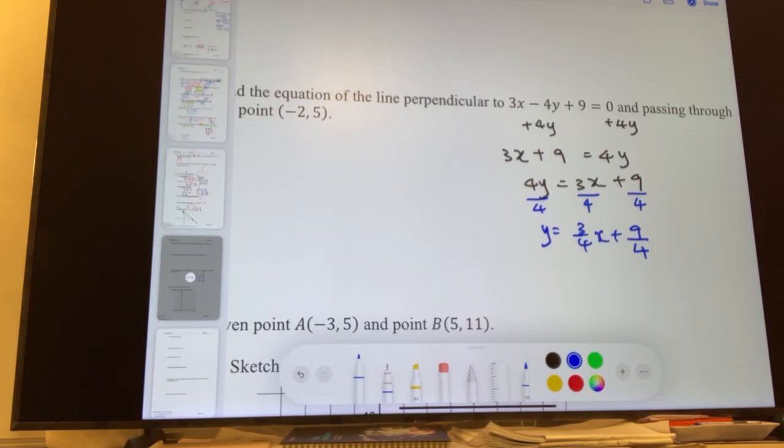Did you manage to get it? What you can do is that because I have the y in here, I can plus 4y to both sides. So that means I end up with 3x plus 9, which is here. And then the 4y is on the right. And I always want my y on the left, so I swap it again.